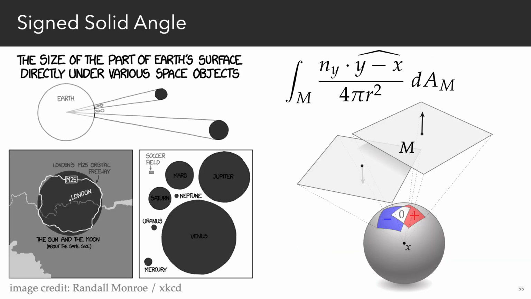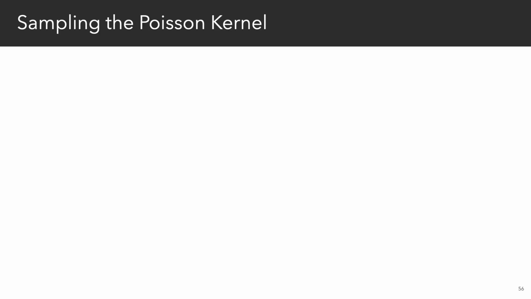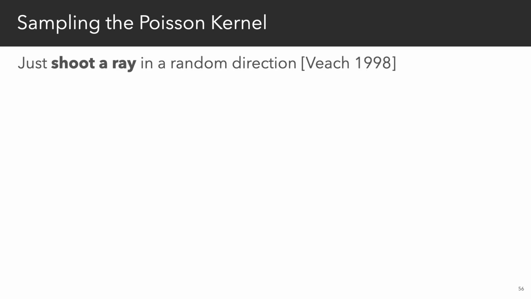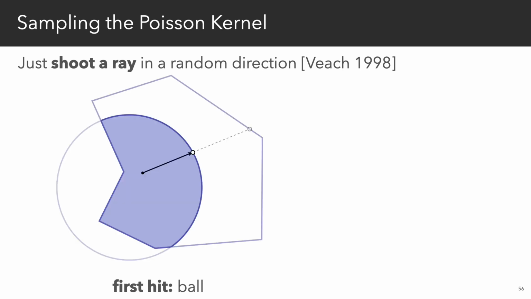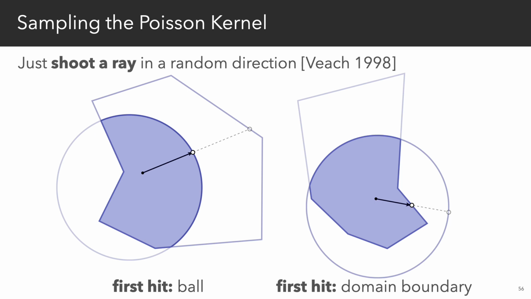The sine solid angle is essentially the size of the shadow cast by a little piece of the boundary on a unit sphere around the point x, and it takes into account the orientation of the surface and the sphere. So this is really good news because to sample the Poisson kernel, we can just shoot a ray in a random direction to get our next walk location. So irrespective of whether we hit a piece of the ball or a piece of the domain boundary inside the ball, we're automatically sampling according to solid angle where we only ever have one intersection, which is really nice.